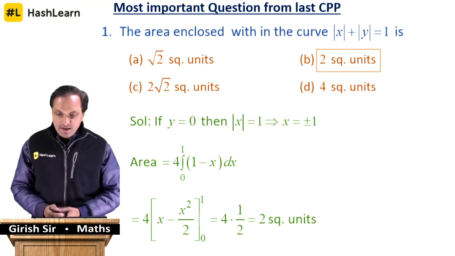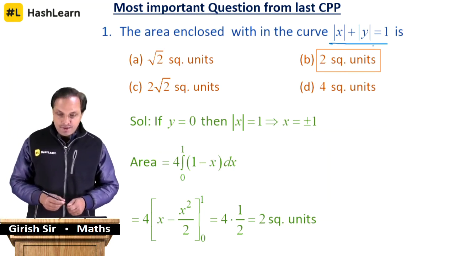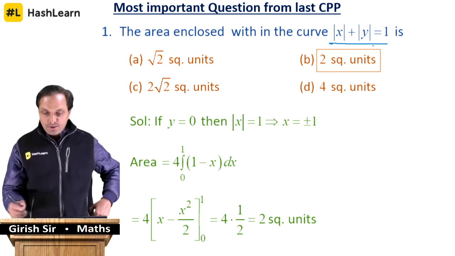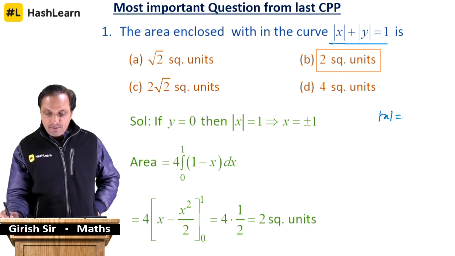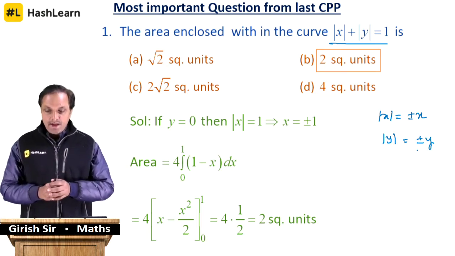class practice pack. You need to find the area enclosed in the curve mod x plus mod y is equal to 1. You know that mod x behaves in two ways, one is plus x and one is minus x. Similarly, mod y also behaves as plus y and also minus y.